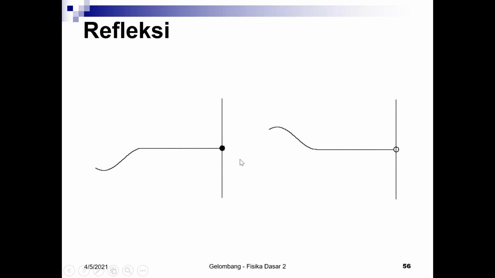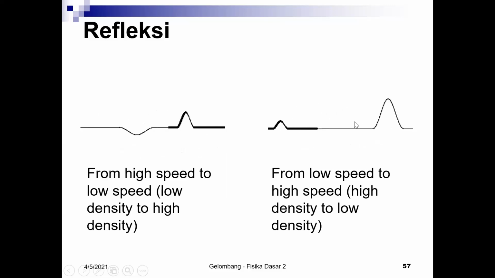The reflected waves will have a phase difference of pi. For a free end, we get the same phase for the reflected waves. This is, for example, this bold string, where the mass density mu is greater than this thin string.